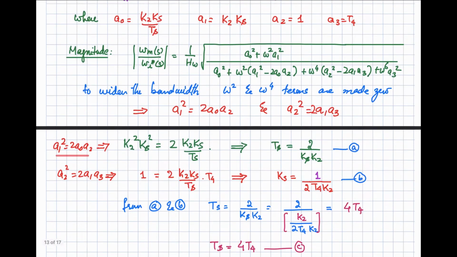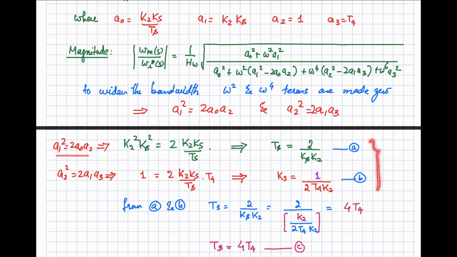Taking a naught from here, and a2 is 1, you can define that ts should be equal to 2 by ks into k2. Taking the second condition and the values of a1, a3 and a2, we can set up this equation, and from here ks should be equal to 1 by 2 into t4 into k2.